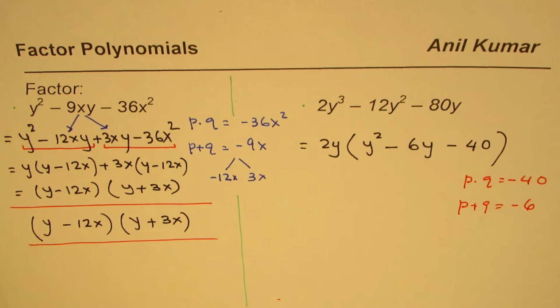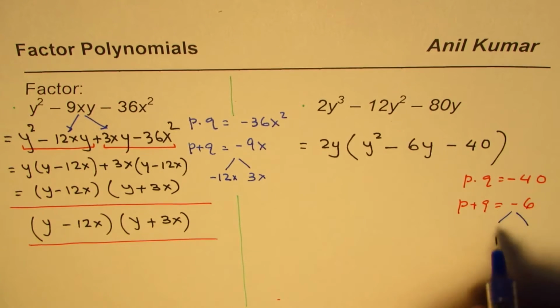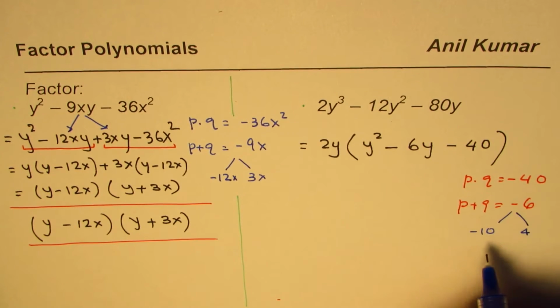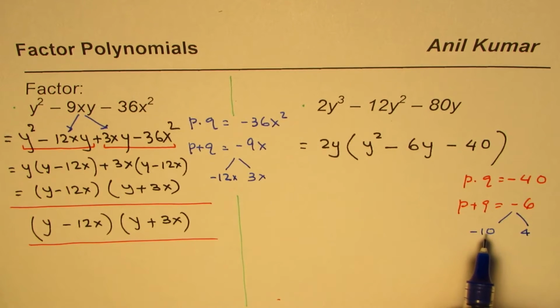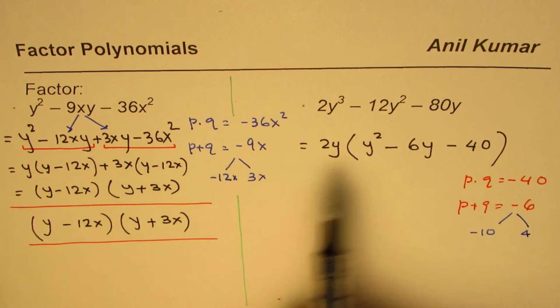40 is like 10 times 4, right? So 10 times 4 works. Since this is negative, the two numbers should be minus 10 and plus 4. So when you multiply, you get minus 40, and when you add, you get minus 6. Now, we could directly write down the solution in this case. You can, if you want, do these steps.